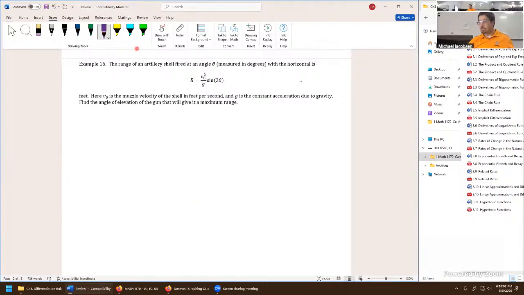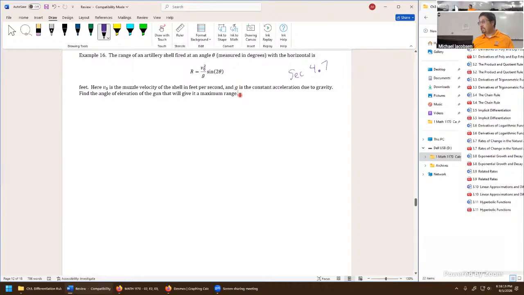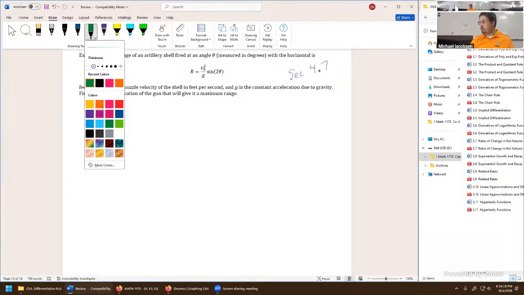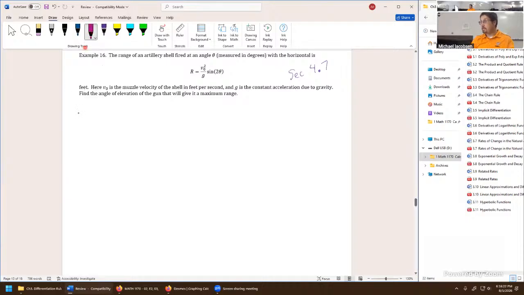This is the kind of problems that we saw in section 4.7. This one's tricky in the homework. It was tricky on exam number 3 as well, getting through section 4.7. And what made it tricky was to get full credit on these kind of problems. Let's put this here down as a comment as well for the sake of the review.